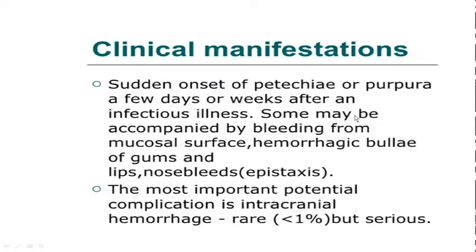There will be bleeding, which can be in the mucosal surfaces or hemorrhagic bullae of the gums, and especially these are called wet purpura, along with nasal bleeds or epistaxis. Most commonly these small kids will come with epistaxis or a history of recurrent epistaxis, and the more dreaded, severe complication of ICH is very rare.